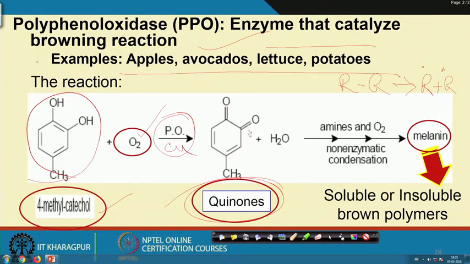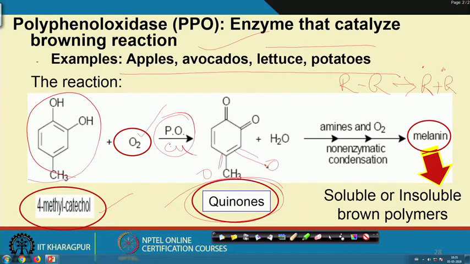This is the structure of the quinones. This is orthoquinone; it can be paraquinone if the double bond is placed differently. This is ortho, meta and para. This is paraquinone.